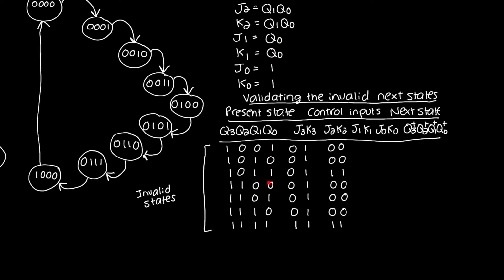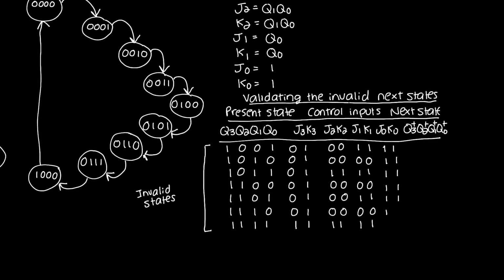They're just equal to Q0, and Q0 toggles at every point in the sequence. So J1 and K1 are going to equal 1, 0, 1, 0, 1, 0, 1. J1 and K1 are both equal to Q0. How about J0 and K0? That's pretty easy. They're just high all the time. In other words, they're in toggle mode.